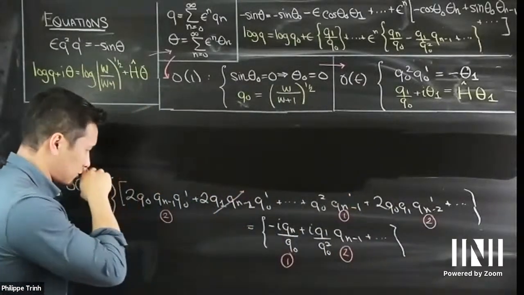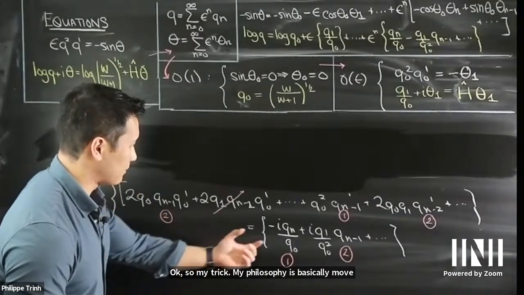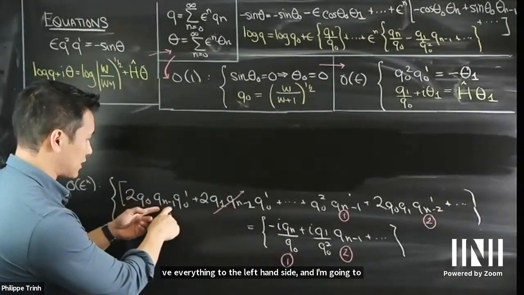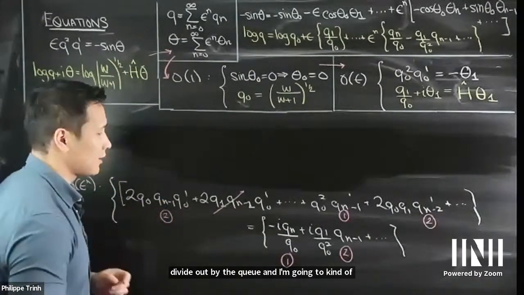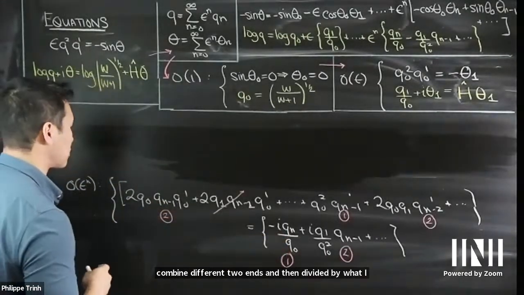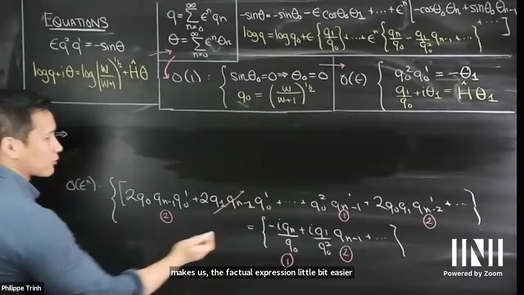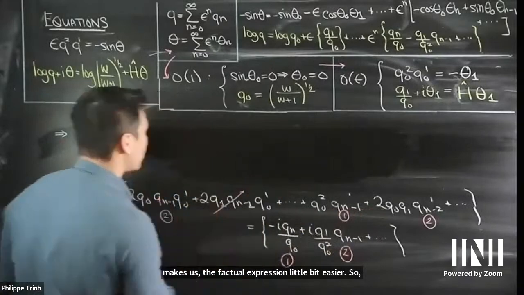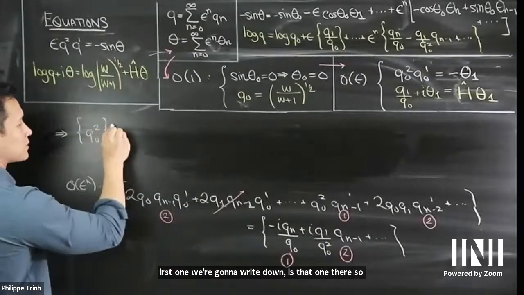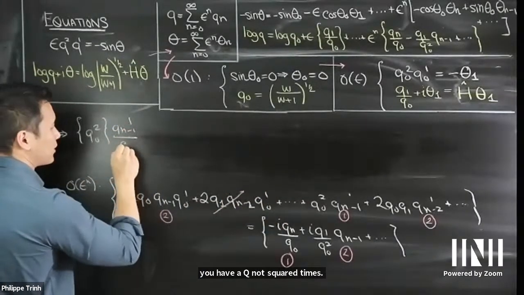My philosophy is to move everything to the left-hand side, combine different qn's, and divide out by what I think is the leading term. That makes substitution of the factorial expression easier. So the first one I'm going to write down is that one there. You have a q naught squared times a qn minus 1 prime, and I divide out by the qn.